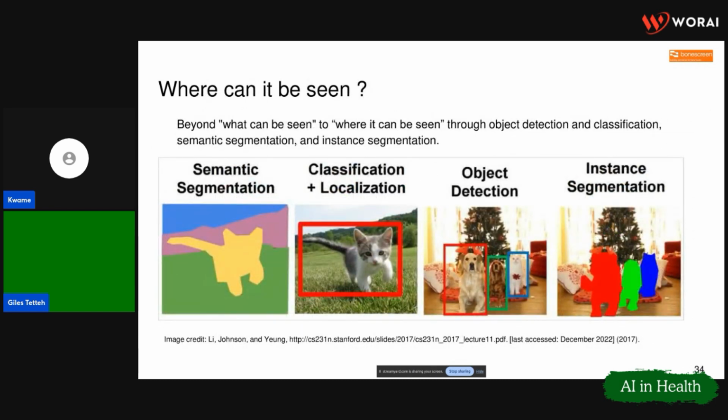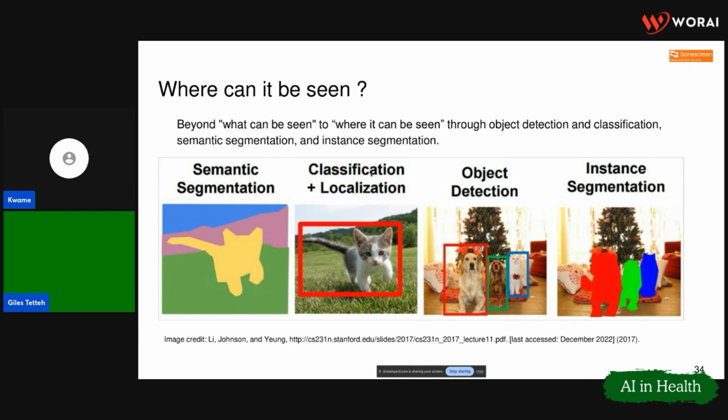Then we move from what can be seen in the image, and now the interest is we want to go beyond what can be seen. We also want to know where in the image we can see a specific thing, right? And that leads to different types of tasks. One is semantic segmentation, where we segment different objects within the image.